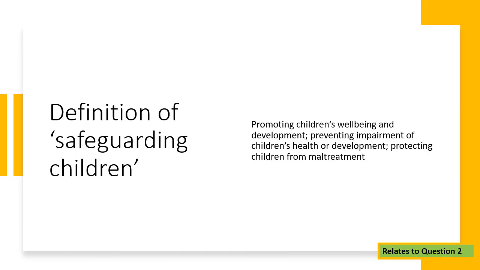We're now going to look at safeguarding children, and you will see on this slide it relates to question number 2, and it is a definition of safeguarding children: promoting children's well-being and development, preventing impairment of children's health or development, and protecting children from maltreatment.